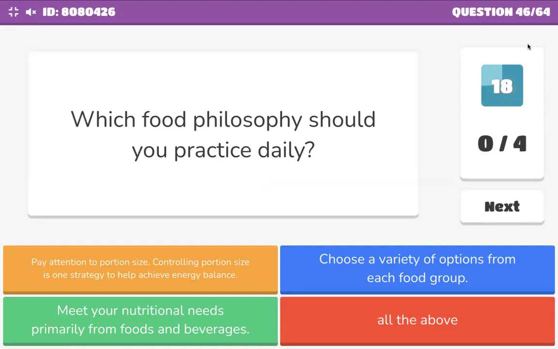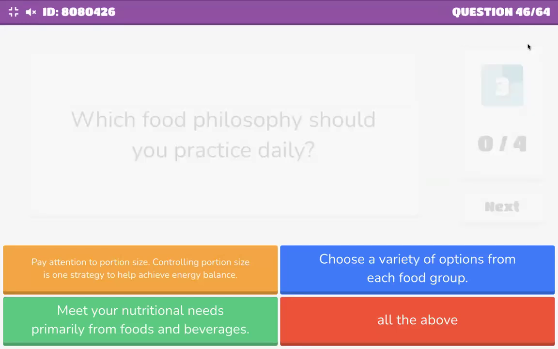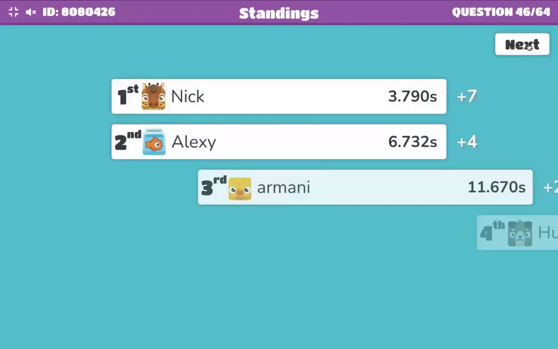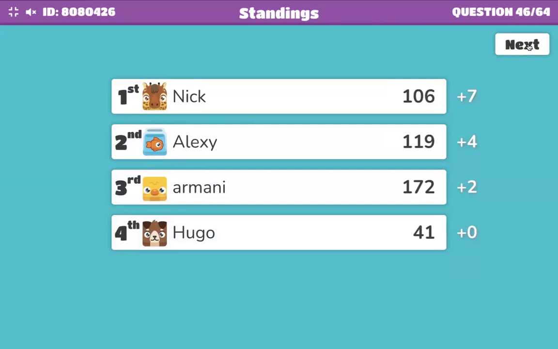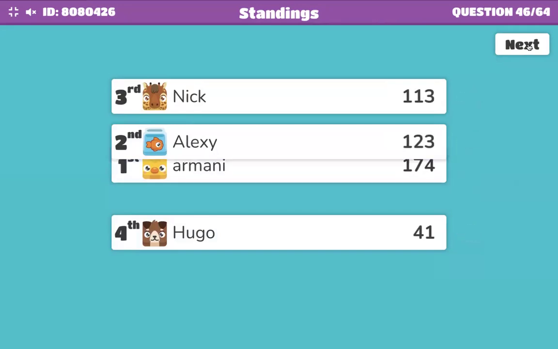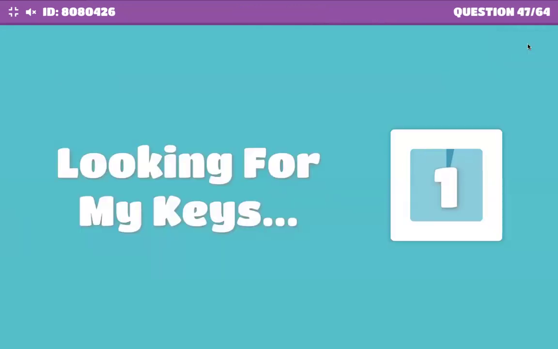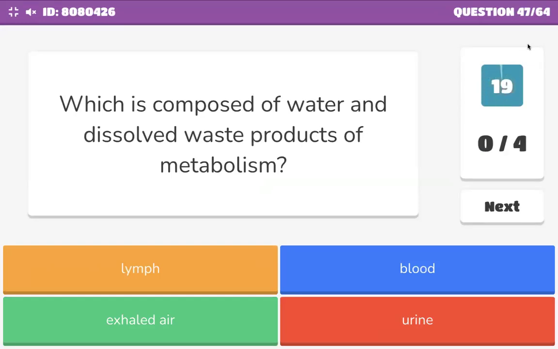Which food philosophy should you practice daily? All the above. Which is composed of water and dissolved waste products of metabolism?